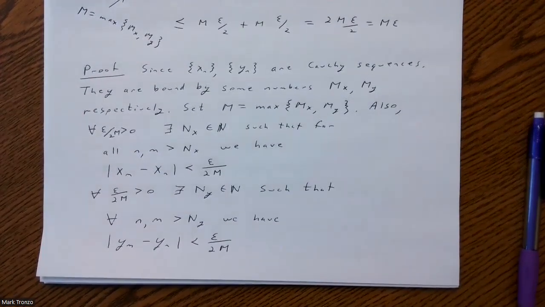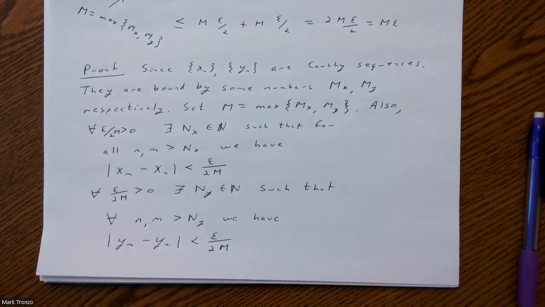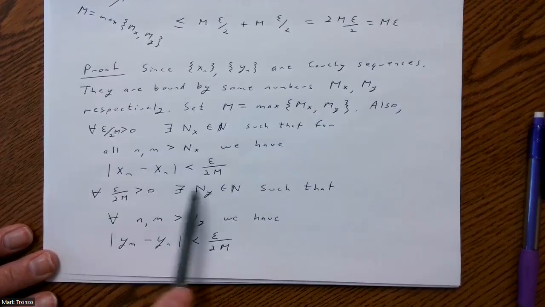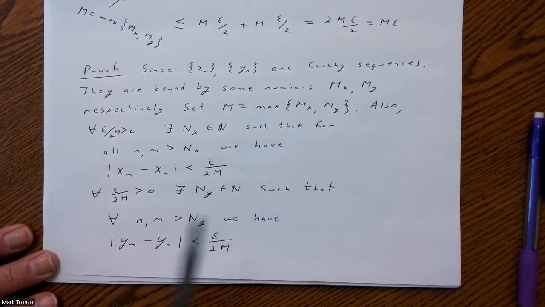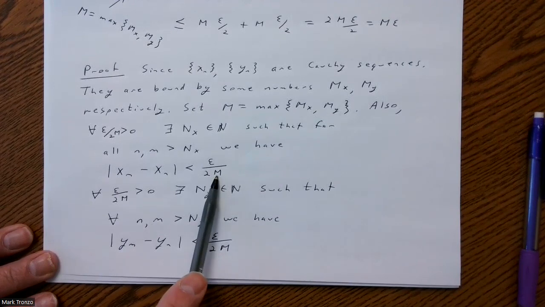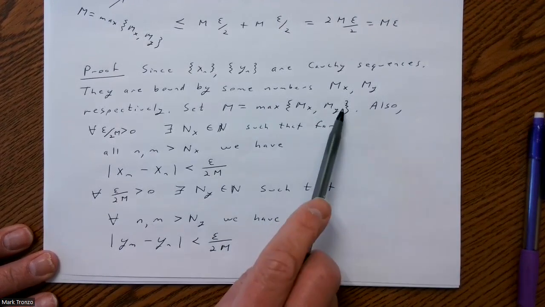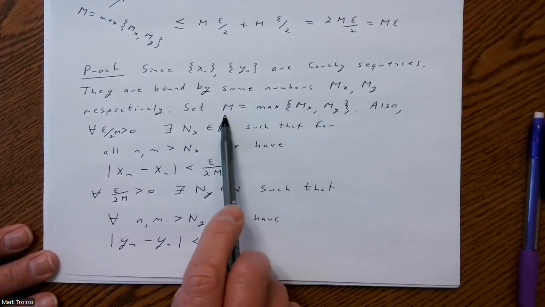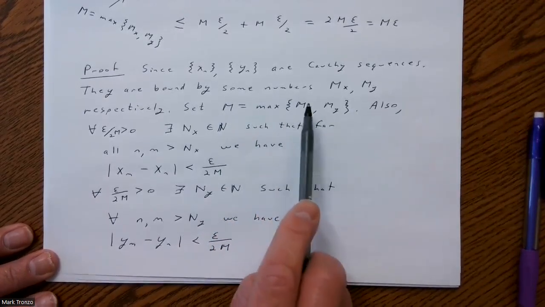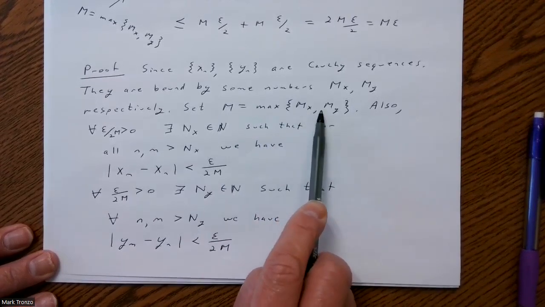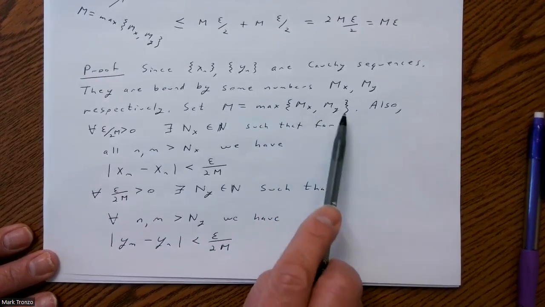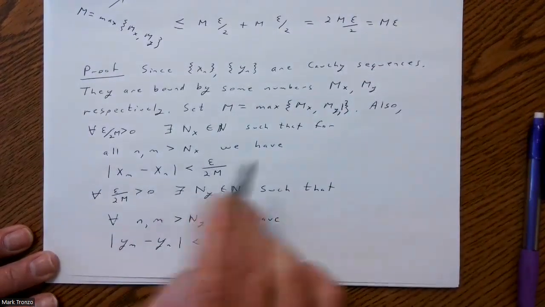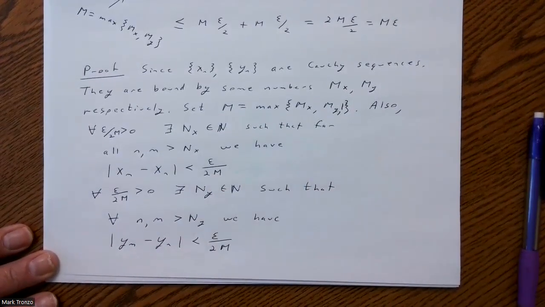It's going to work whether your bound is a small number or a large number, but if you take it as a max with 1, then this could be the max, this could be the max, but if these are both less than 1, then you could also put a comma 1 here, to make that be 1 if it's less than 1.